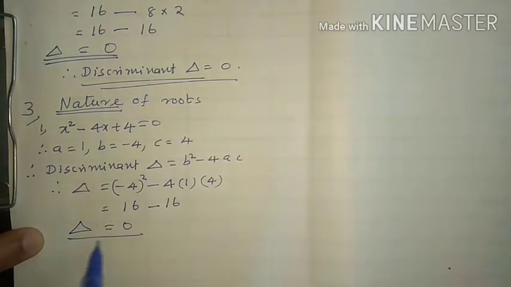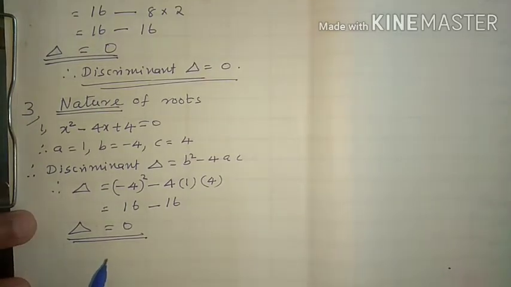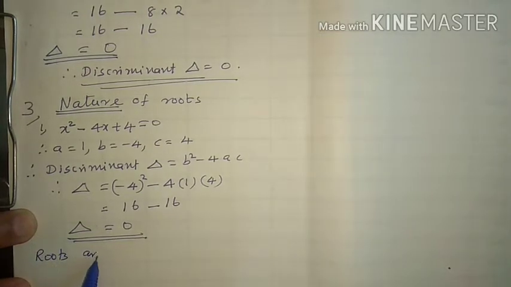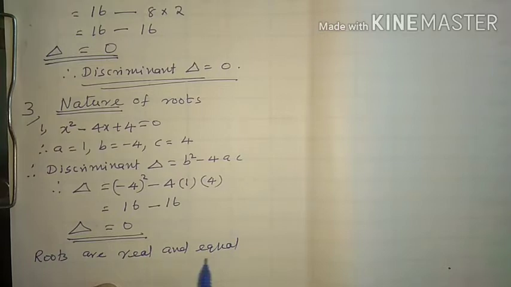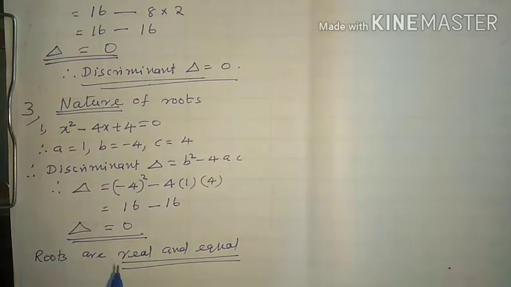Discriminant equal to 0. What is the idea here? If the discriminant is 0, roots are real and equal. Delta is 0. So roots are real and equal. This is question number 1.